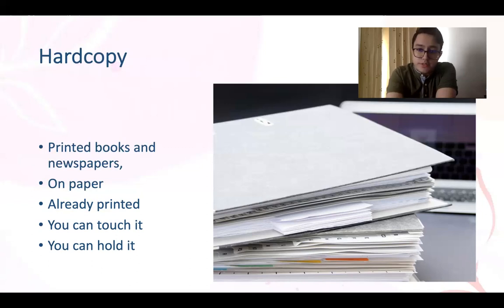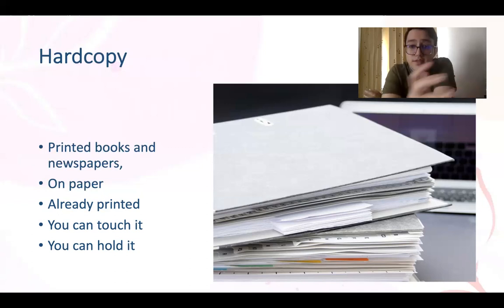Now, hard copies are hard, you can only touch them, it's on paper. You cannot send it to many people. So for soft copies, you can send it to many people. But for hard copies, if you have only one copy, you can only give it to one person.